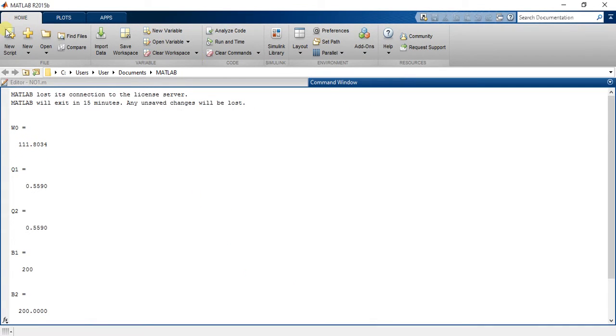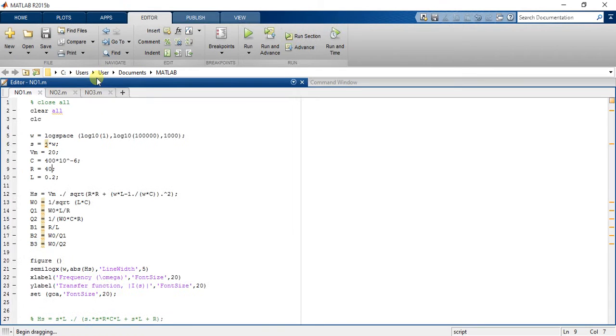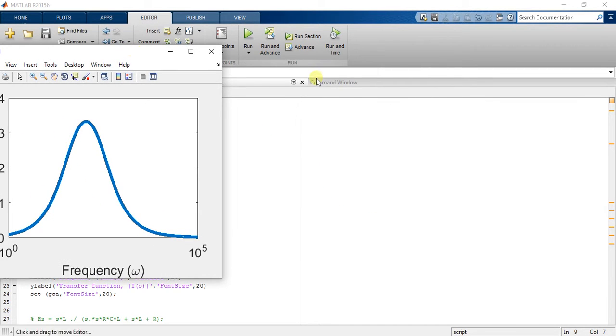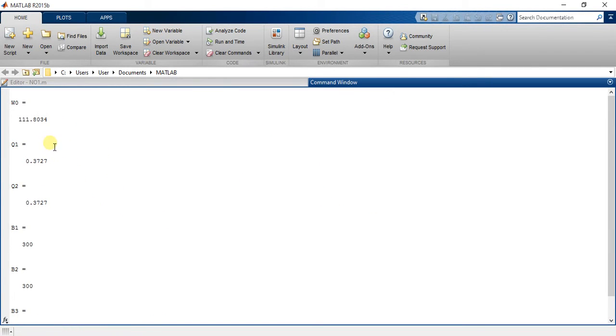Now we substitute the value of the resistor for quality factor 2 with 60 ohm and run the code again, and we get this graph. The calculation gives omega naught equals 111.8034, Q1 equals 0.3727, Q2 equals 0.3727, and B1 equals 300.